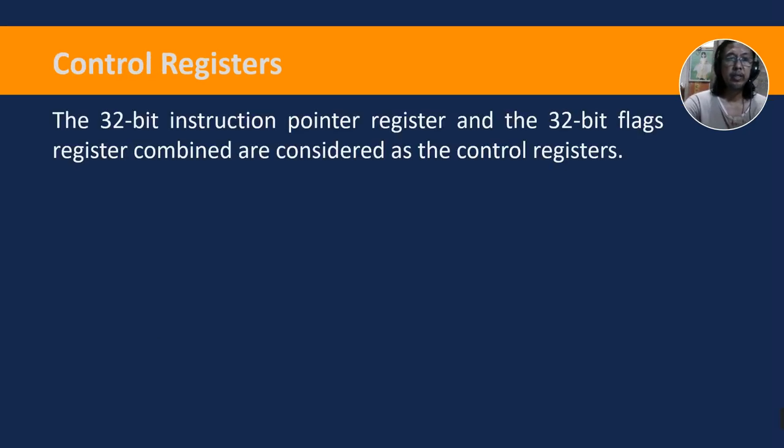Control registers. The 32-bit instruction pointer register and 32-bit flag register combined are considered as the control registers. So you have the instruction pointer, IP, and the flag registers. They become the control registers.